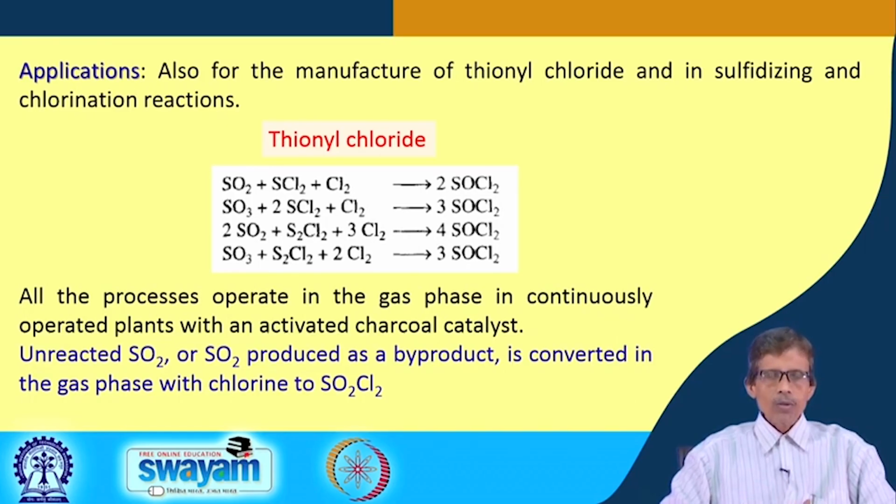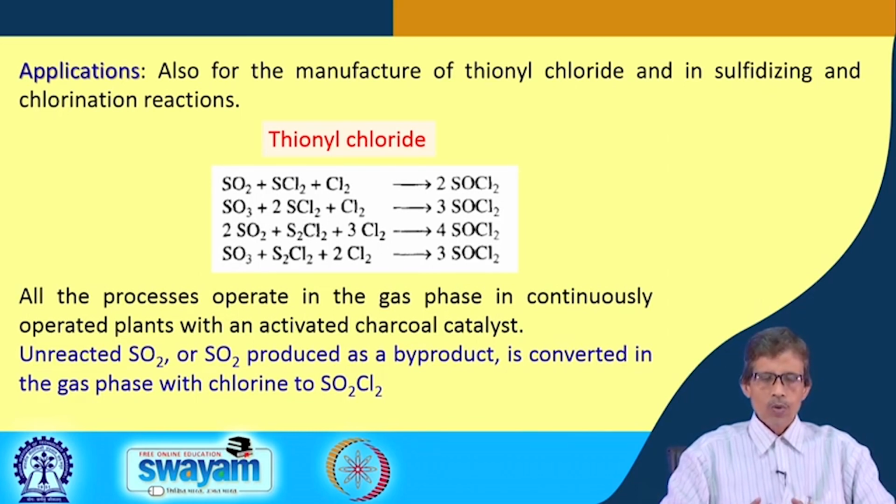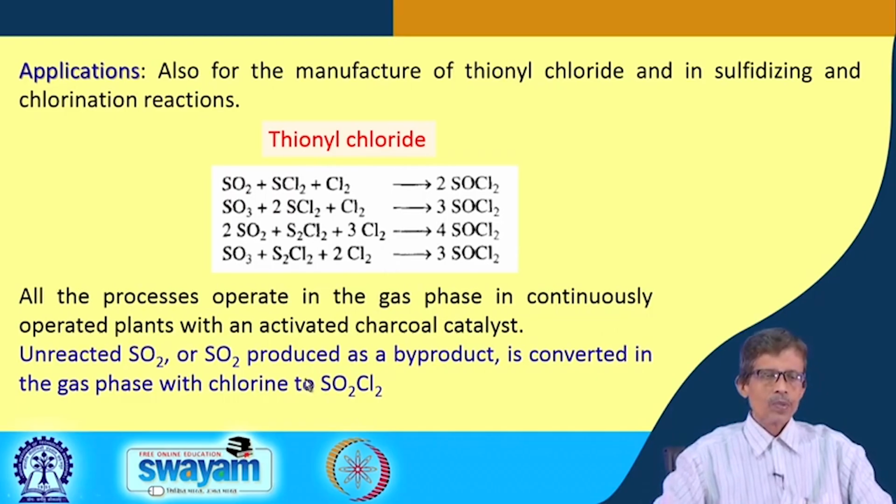So, we should not allow the excess amount of sulfur dioxide, or sulfur dioxide from all other sources, to go into the air. We should trap it for some value added compound, which is your sulfuryl chloride, and direct reaction of chlorine with that sulfur dioxide can give you your sulfuryl chloride very quickly.